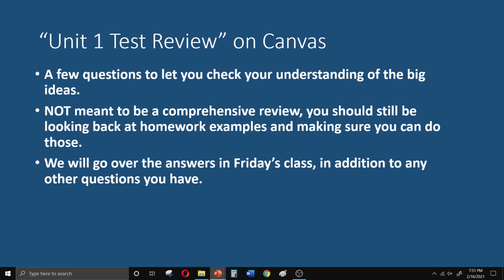And if you can do those questions, you're probably feeling pretty good. But you still want to go back through your homework, look at the harder examples especially, right? The things we went over in class are probably good things to look at again. And then what we'll do on Friday is we'll go over the review questions along with anything else that you want to cover on that day, and the test will be assigned as a take-home over the weekend.